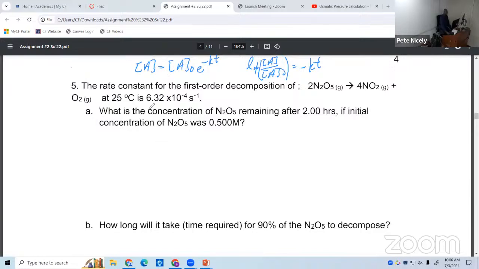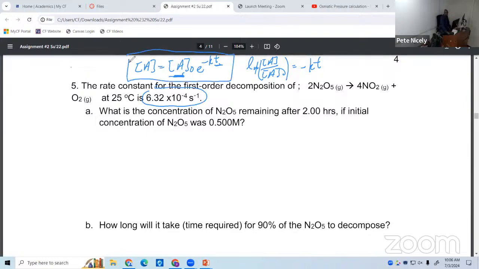Which of these you use depends on what you're given in the question and what you're expected to get. In the case of question A, it says, what is the concentration of N2O5 remaining after 2 hours if the initial concentration of N2O5 is 0.500 M? So this would be the initial concentration, right? They gave you the time and they gave you the rate constant, which is this right here. So I'll be using this form of the equation.